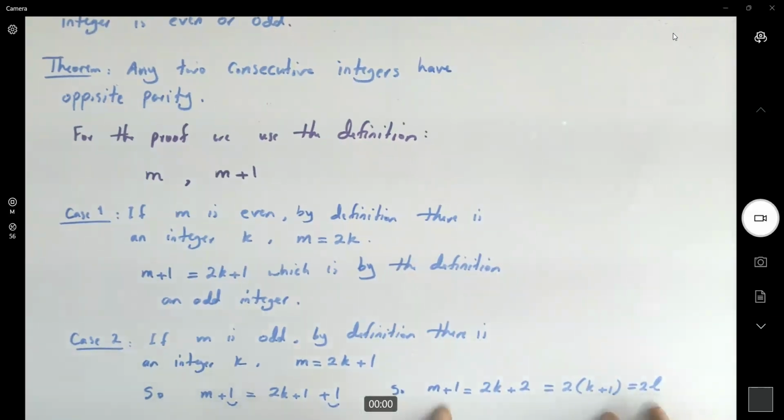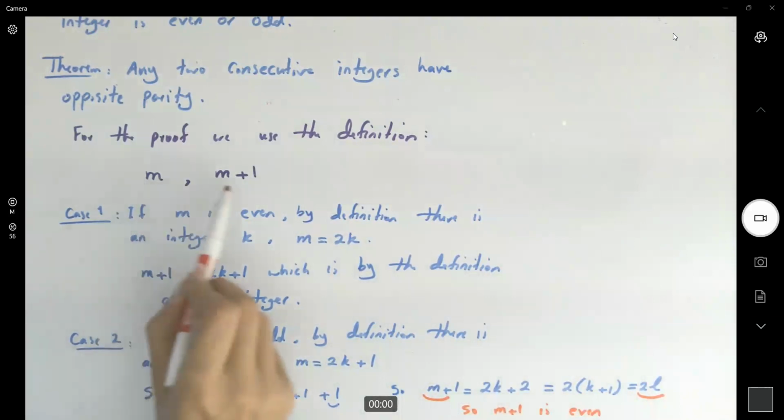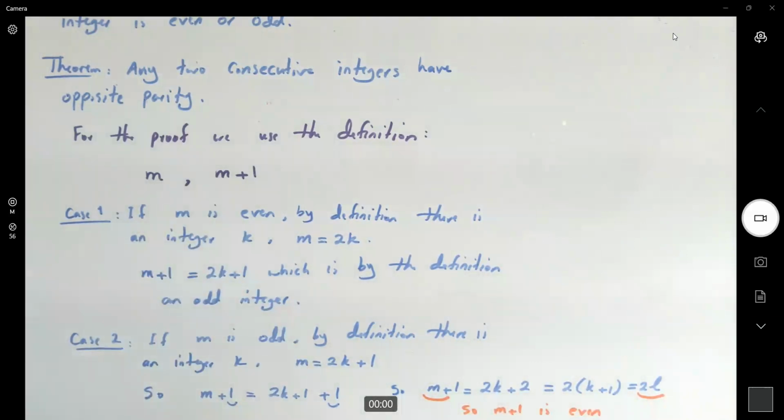So by definition, m plus 1 is even. If the first one is odd, the second one is definitely an even integer.